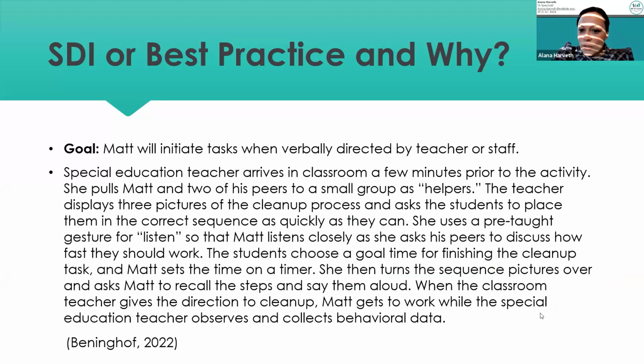The students choose a goal time for finishing the cleanup task, and Matt sets the time on the timer. She then turns the sequence pictures over and asks Matt to recall the steps and say them aloud. When the classroom teacher gives the direction to clean up, Matt gets to work while the special education teacher observes and collects behavioral data.